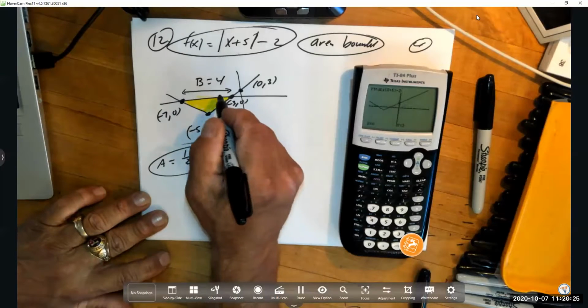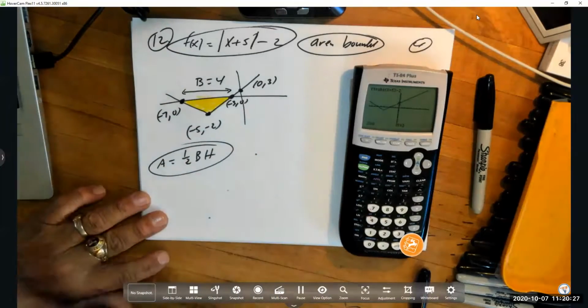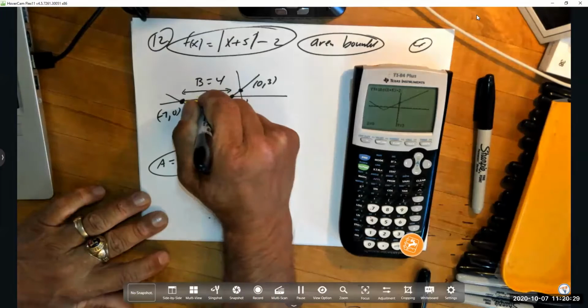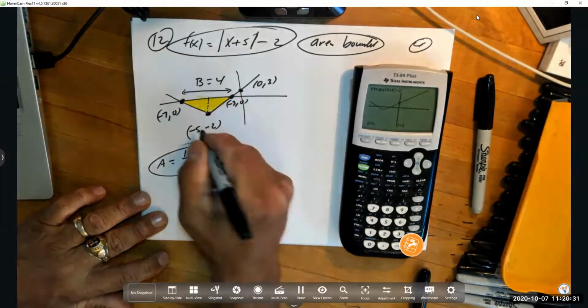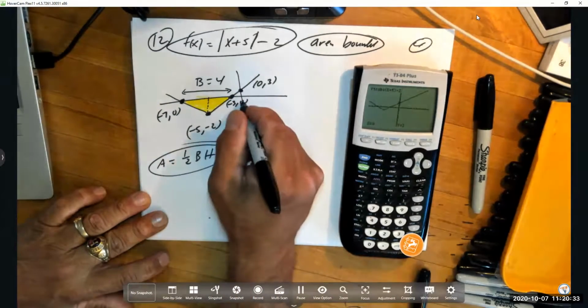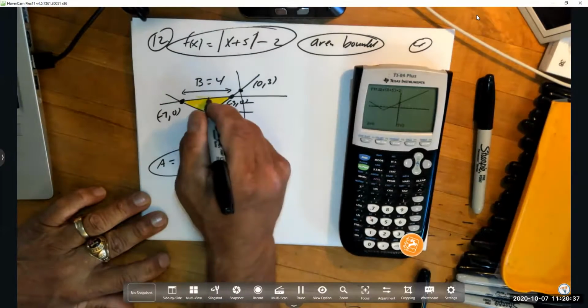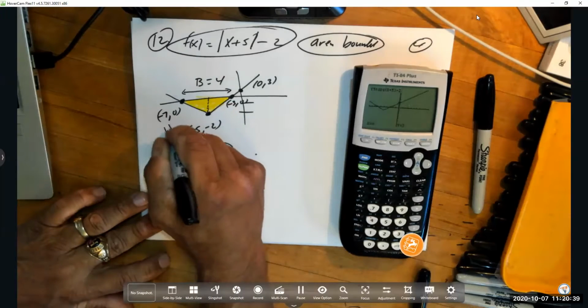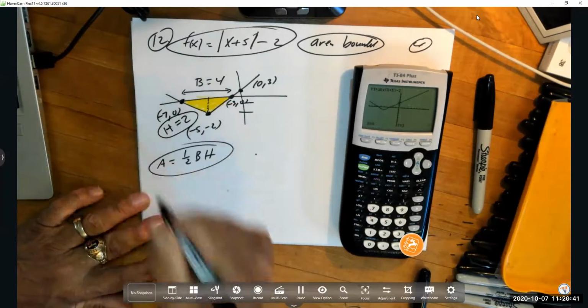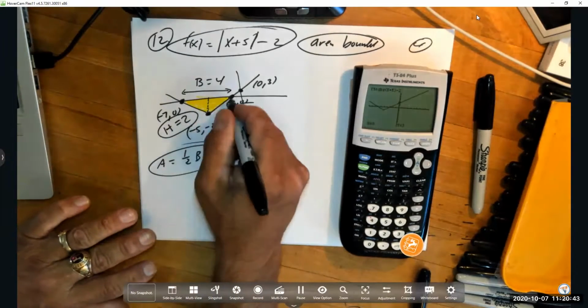You gotta go 1, 2, 3, 4 spaces. Now the other part, it says -5 and then down 2 spaces, 1, 2. So from here to here, this height must be a 2. So 2 spaces by 4 spaces.